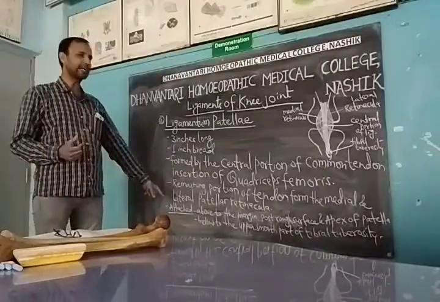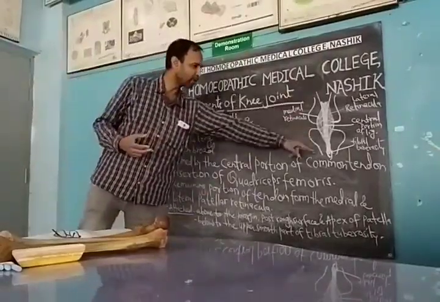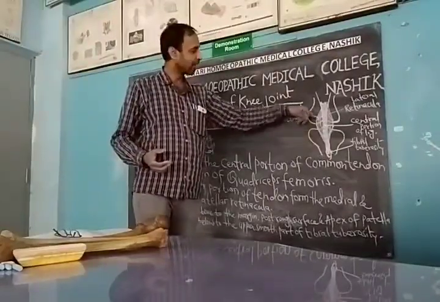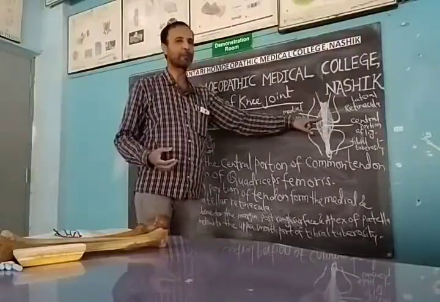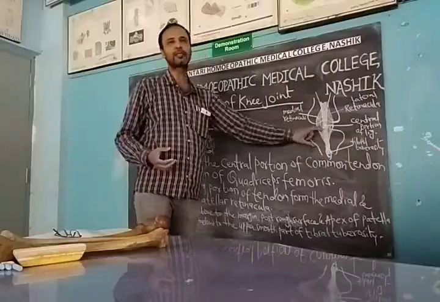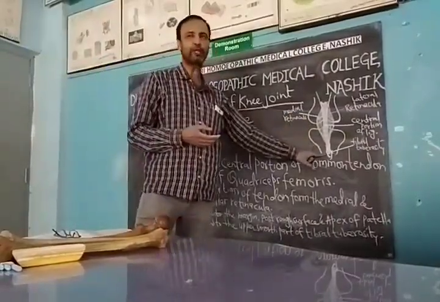Next we'll see its attachment. It is attached in two parts, upper part and lower part. Above, it is attached to the margin, the rough posterior surface, and the apex of the patella. Three things. So the upper part is attached to the patella and the lower part to the tibial tuberosity.